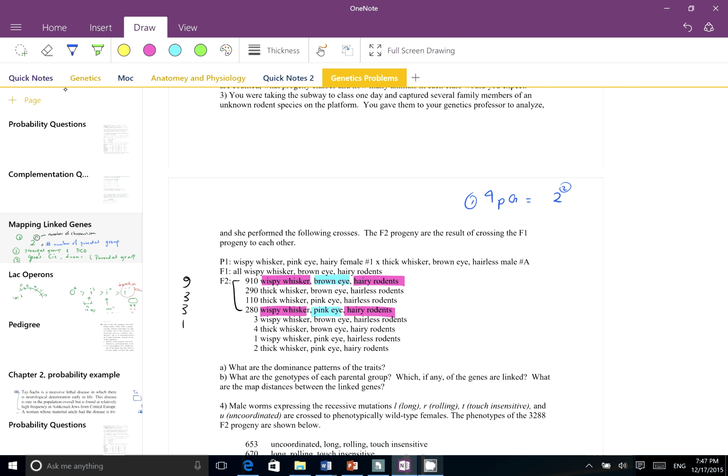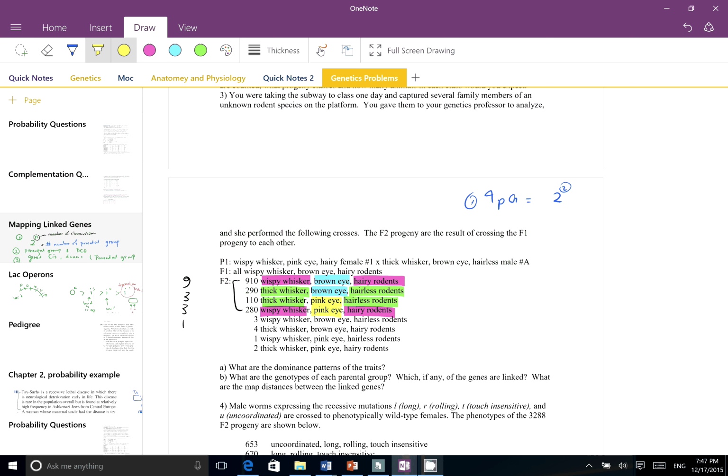Let me do Pink Eye in a different color. What I notice as well is I have thick whiskers and hairless. Thick whiskers and hairless always travel together. Then I have brown and pink being the different ones.